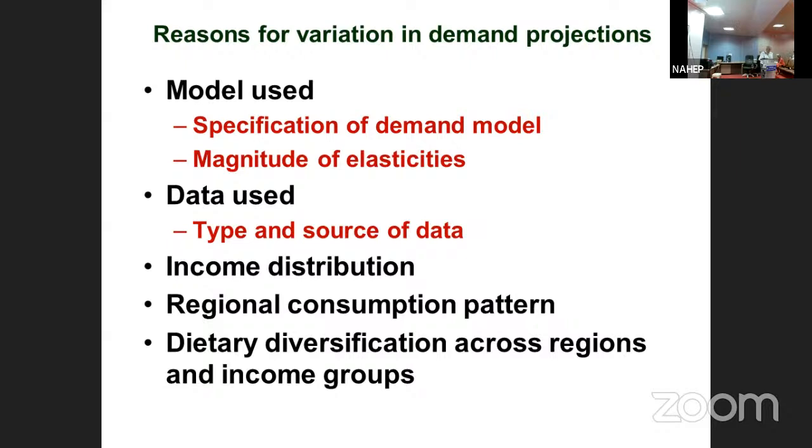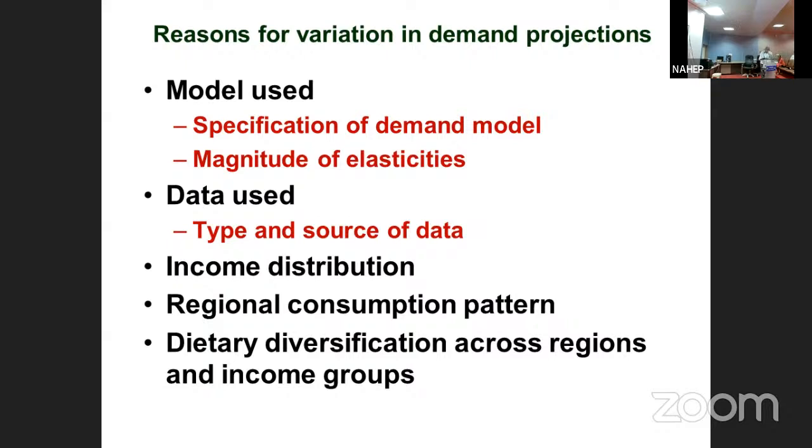Whether you are considering the income distribution or not is important. Whether you are considering the regional consumption pattern is important. Whether you are considering the dietary diversification across regions and income is very important. These are the factors by which the estimates vary from researcher to researcher.